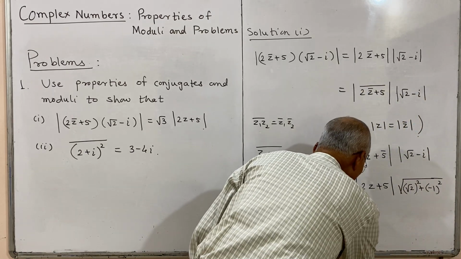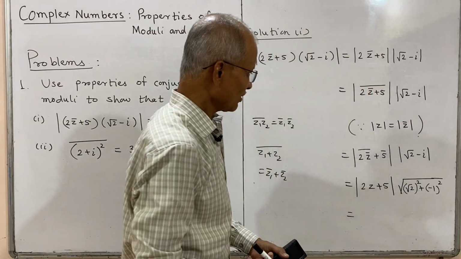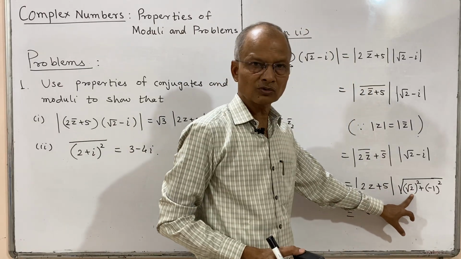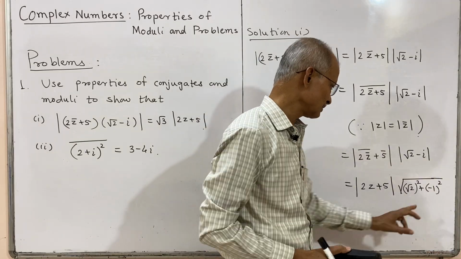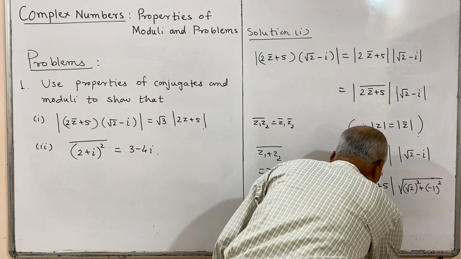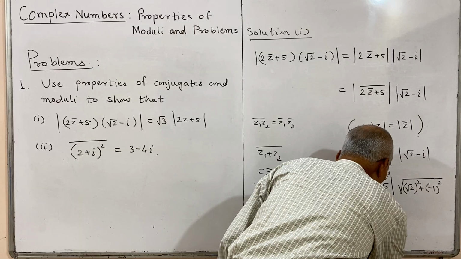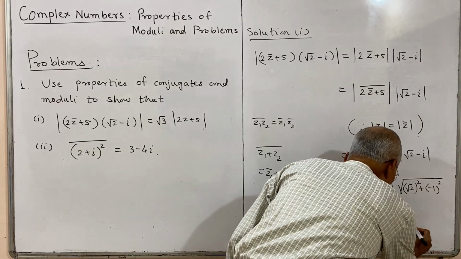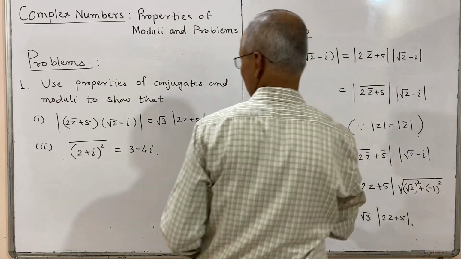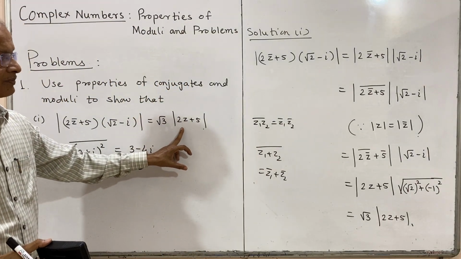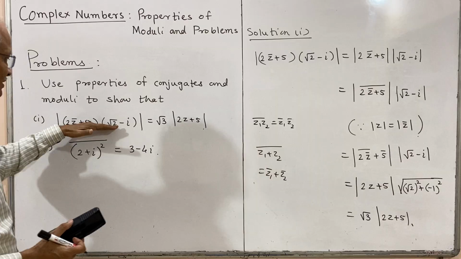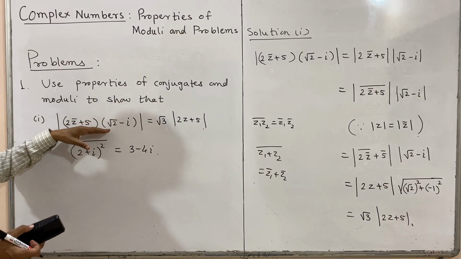And you see root 2 square is 2 and minus 1 square is 1, 2 plus 1 is 3, so it is root 3 into mod of 2z plus 5. So the result is root 3 into mod of 2z plus 5, and thus we have established the first result, easy to solve.